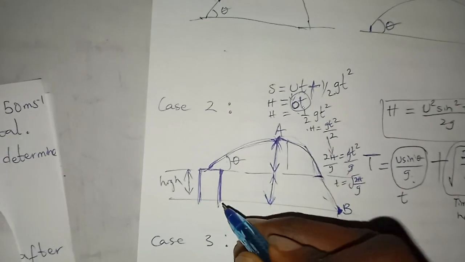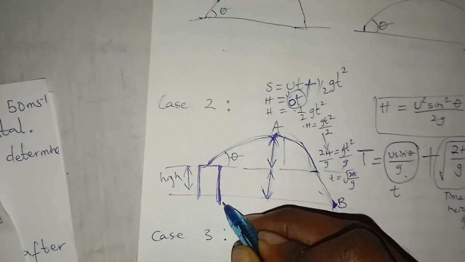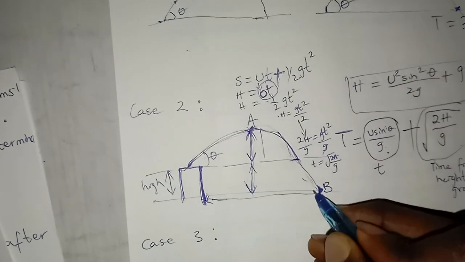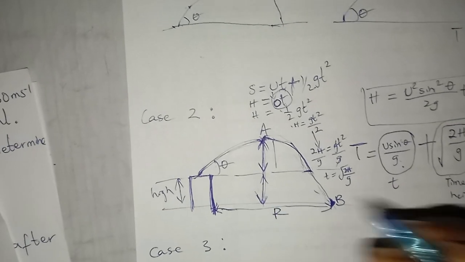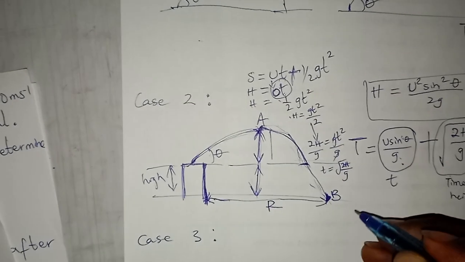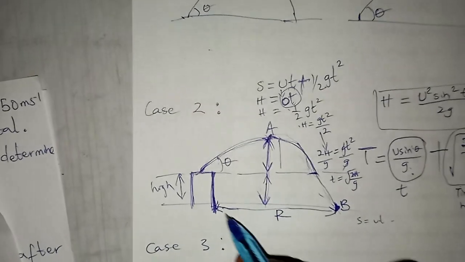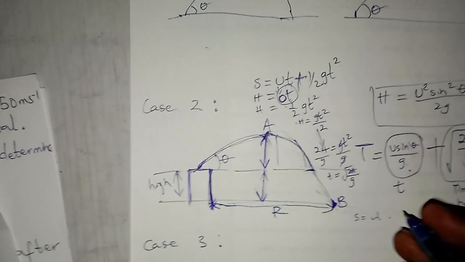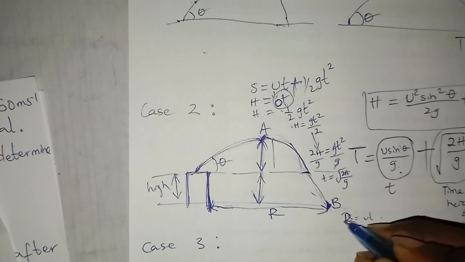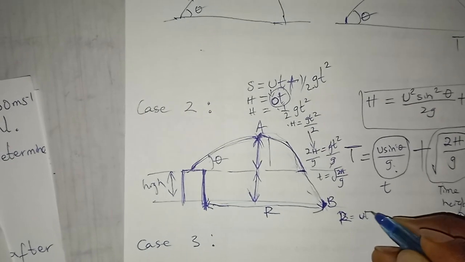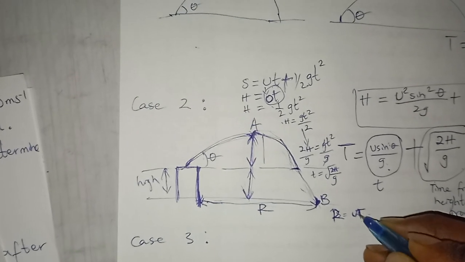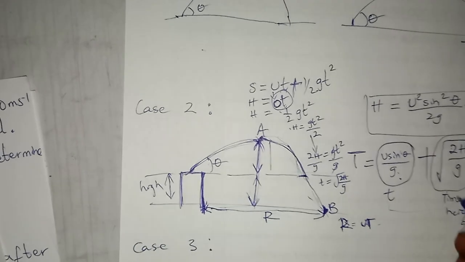Now to find the range, which is from this point of projection to where it hits the ground, which is r, we'll simply make use of what range is. S equals to ut plus half g, and you know that once we are here, g has no business. So s here changes to r, which is ut, and the t here is the t for what we've gotten everything here to be.